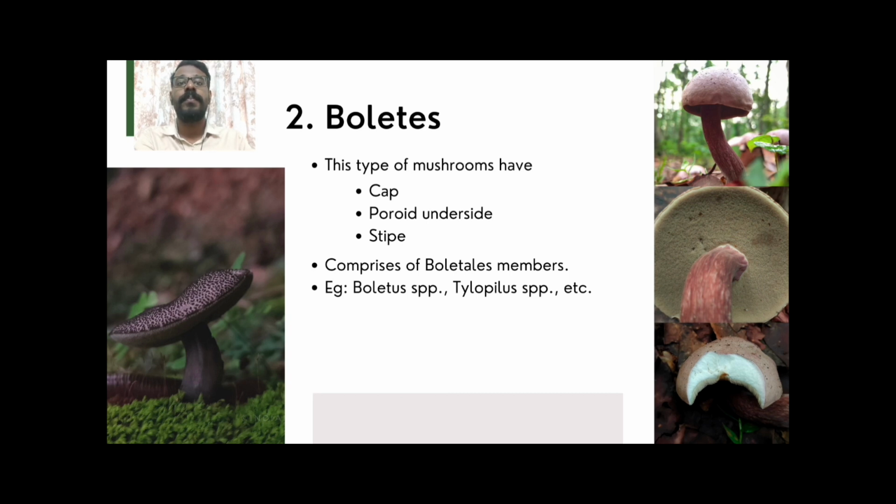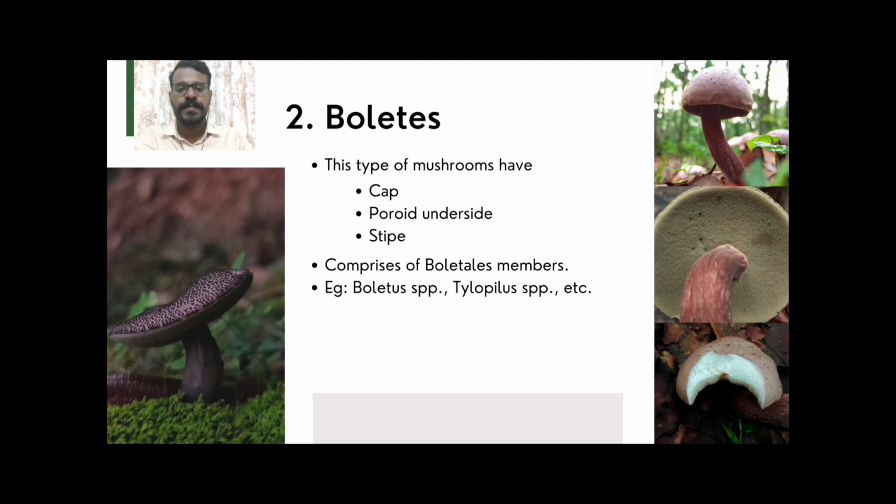They have a cap, a poroid underside and a stipe. This majorly comprises members of Boletales. Boletales is the order. So the members of the Boletales order can be considered of this stature.